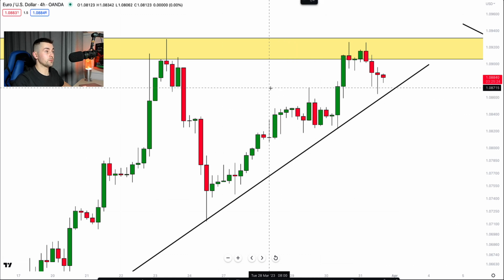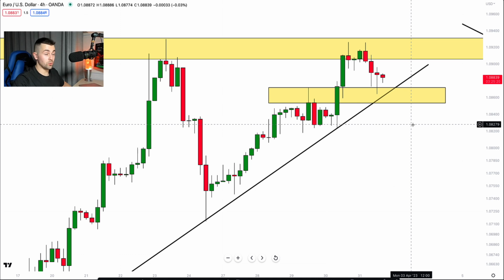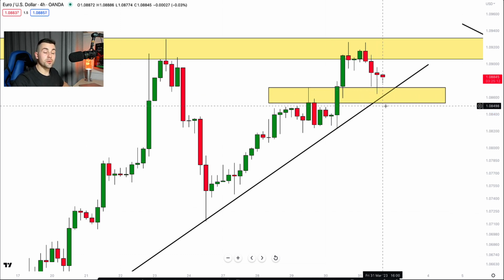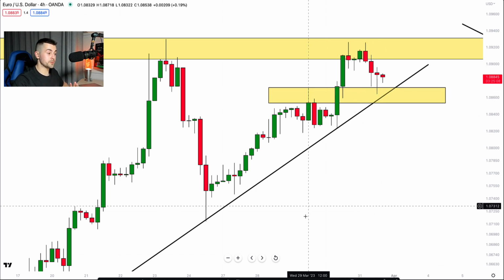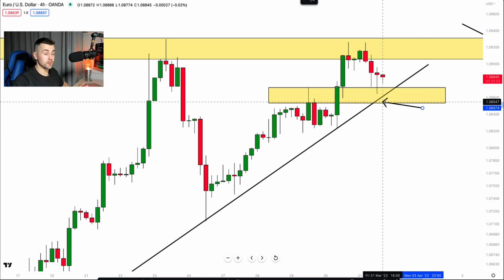Moreover, looking left, here we have a minor horizontal structure support, right? So the trend line and that minor horizontal structure support compose the demand cluster. The cluster from where buyers are buying, and we already saw a very nice rejection from that cluster.